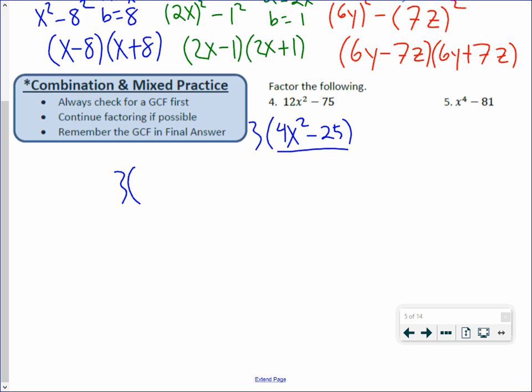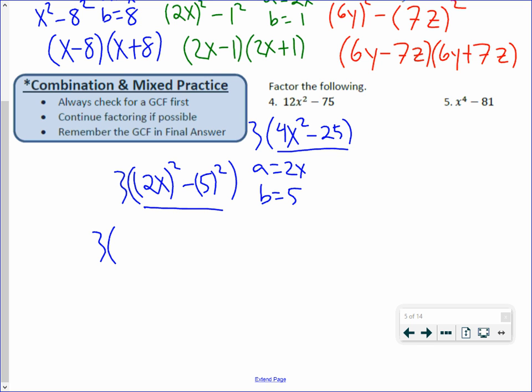So 4x squared is the exact same thing as 2x all squared, and minus 25, we just put minus 5 squared. It's the same thing. And now it's more in the form of a squared minus b squared. So I can see that inside the parentheses, my a equals 2x and my b equals 5. So now I'm going to factor what's happening inside the parentheses with the rules we just learned.